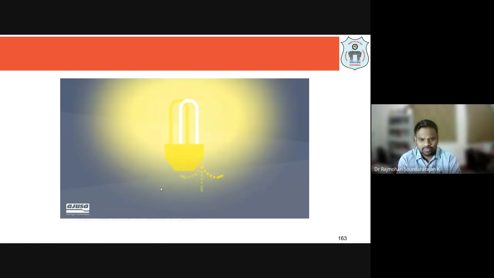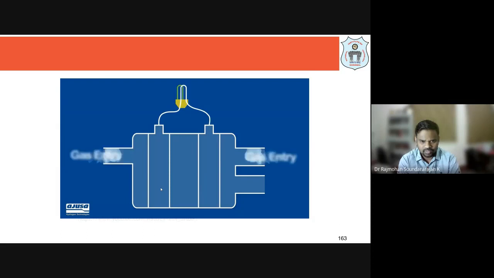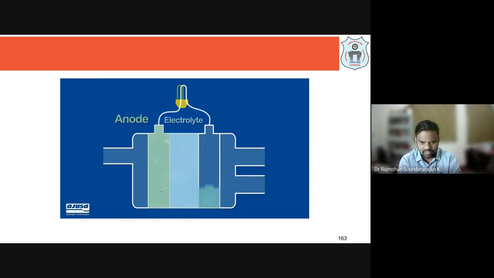How is it formed? Gases are entering from both ends. We have the anode side, we have the electrolyte, in this case let us say phosphoric acid, we have the cathode side, and water is leaving as a byproduct, as an exit product.